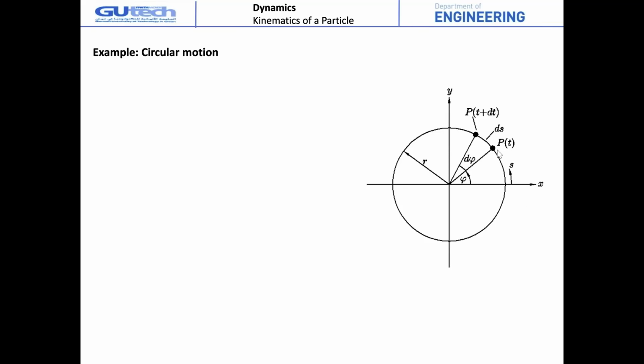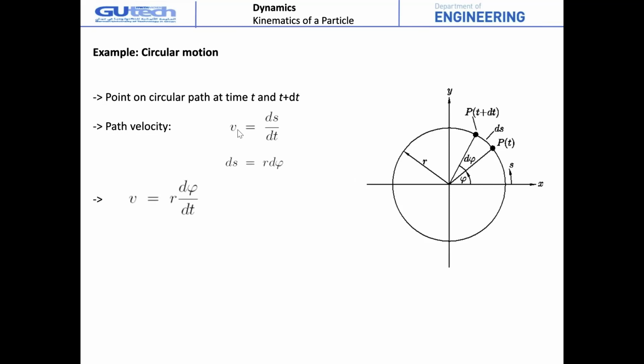And we have the particle motion at time t and t plus dt, covering a small distance ds with a small angle d phi, and for the coordinate system xy, we have the angle phi. That means that we have only circular motion. The particle at each time will be described by the angle phi and the constant radius r.